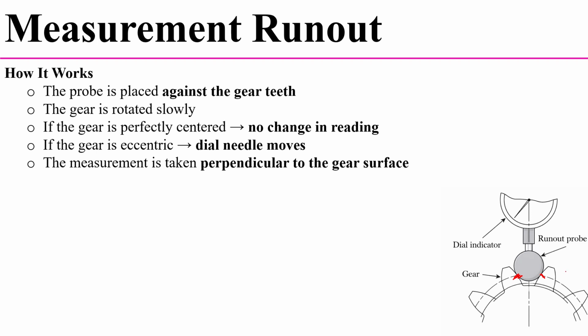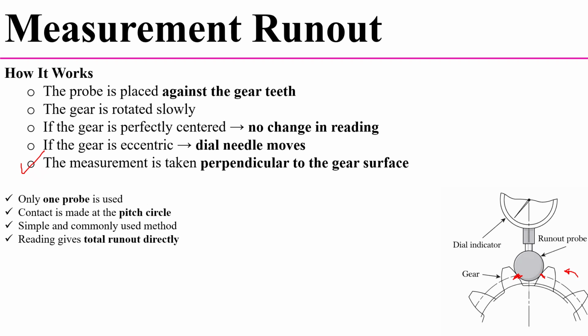If the gear is perfectly concentric, then there is no change in reading. If the gear is eccentric, then the dial needle moves. One more important point while measuring: the measurement is taken perpendicular to the gear surface.